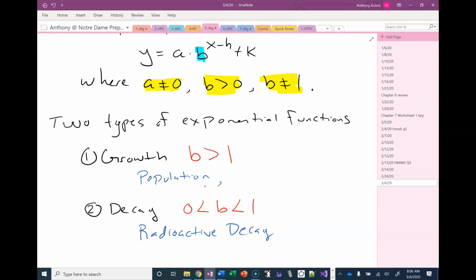Well, not quite the stock market, but related to that. We'd say compound interest grows exponentially, so your savings accounts, or if you have an investment that's guaranteed some amount of growth per year.